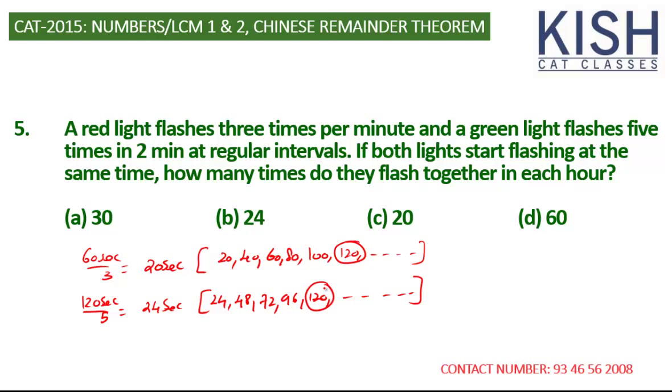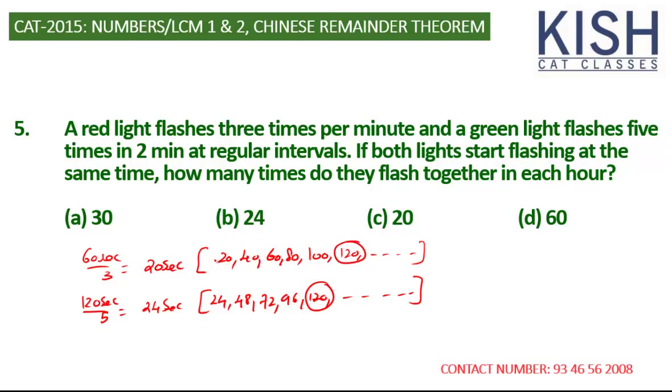But the question is not about when they flash together for the first time. They have asked how many times they come together in a particular period, that is 1 hour, that is 3600 seconds. Now the first one is 120.